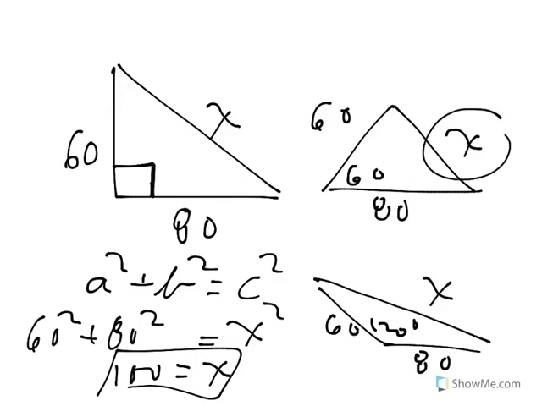Well, in this case, we know the answer is less than 100, but not much more than that. And in this one, we know that x is greater than 100, but we don't know much more than that. Well, that's what the law of cosines is going to help us solve. And the law of cosines is going to use the Pythagorean theorem as one of its steps in deriving it.